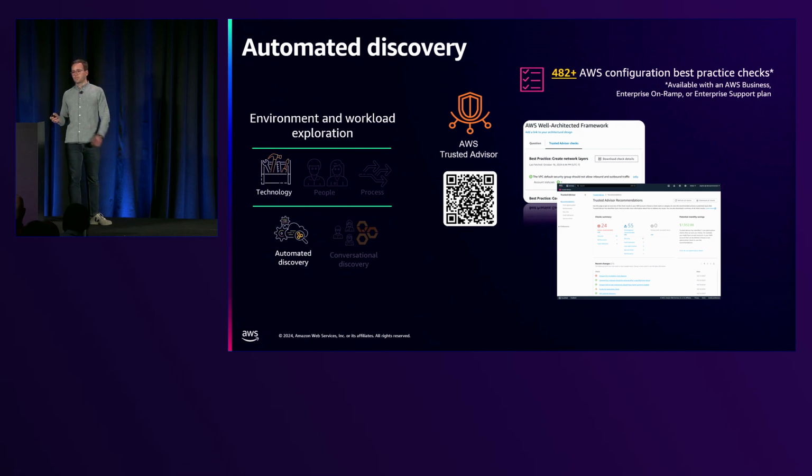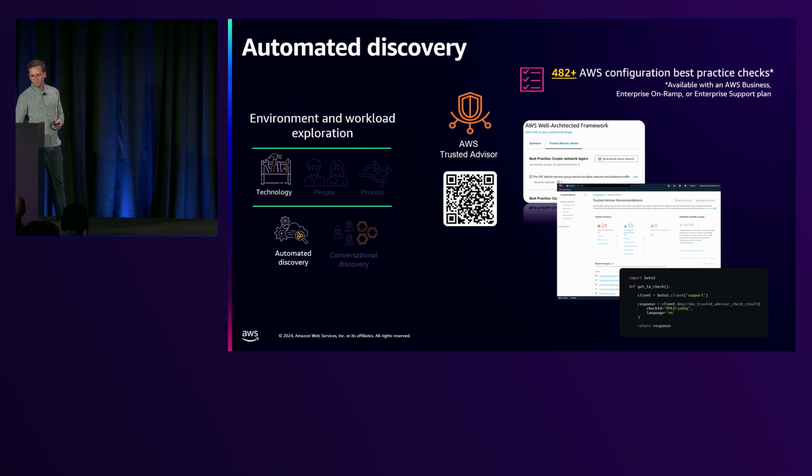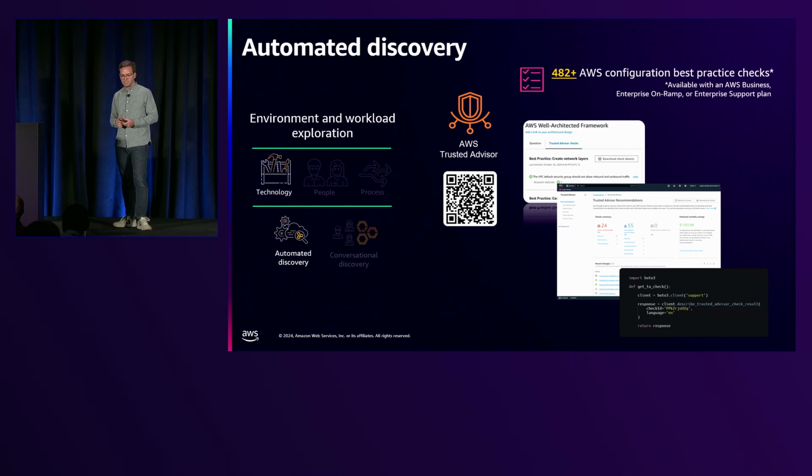It gives you actionable recommendations, so it really helps you on what you need to do within your applications to mitigate the risk. And also, it offers a way to implement automations based on those risks that are raised by Trusted Advisor.